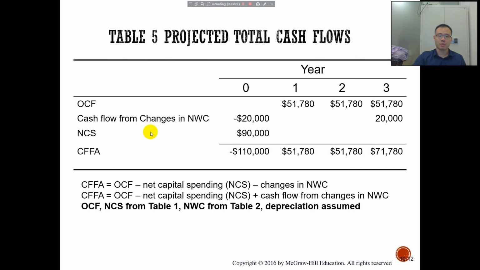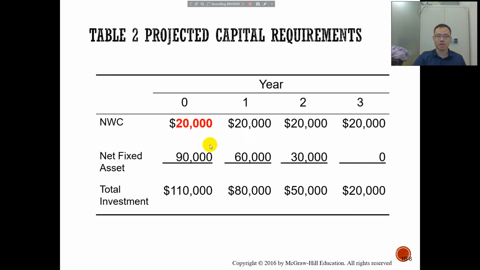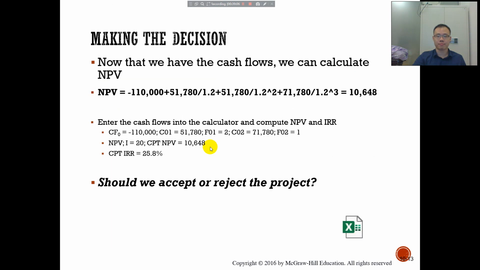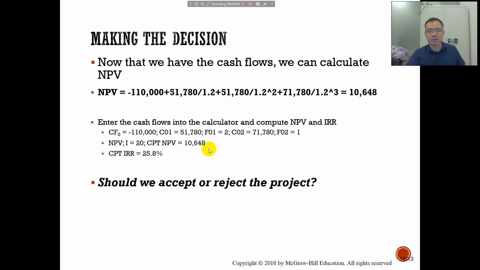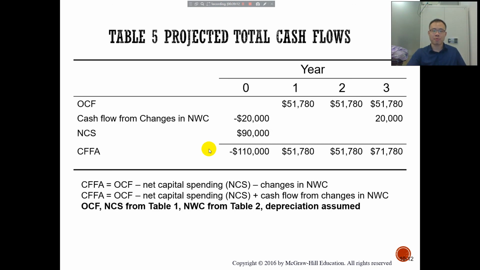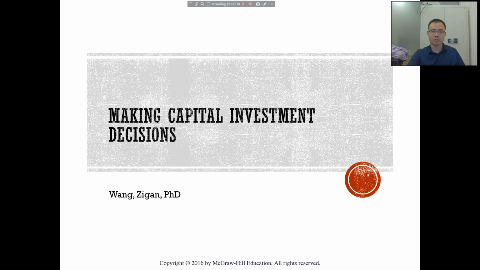I wouldn't say 100%, but 99% probability that we will include this table along with the other tables. This chapter will be in the final exam. Okay, 99% sure. So you better be very proficient or familiar with this table. And in the next chapter, we will talk about the simulation analysis.